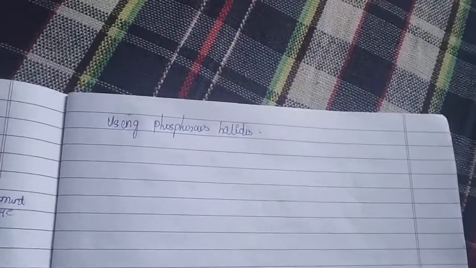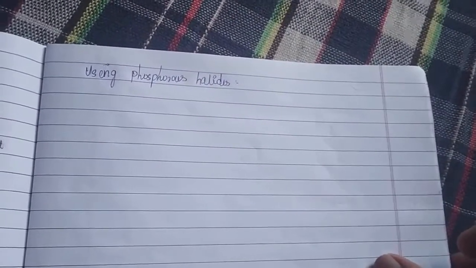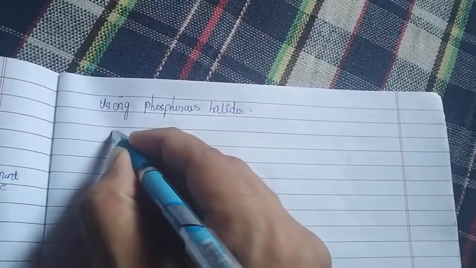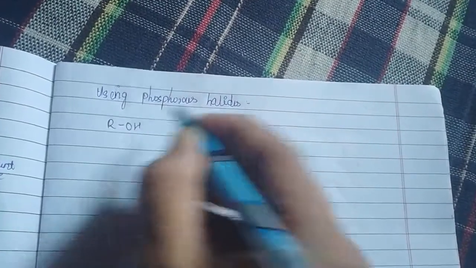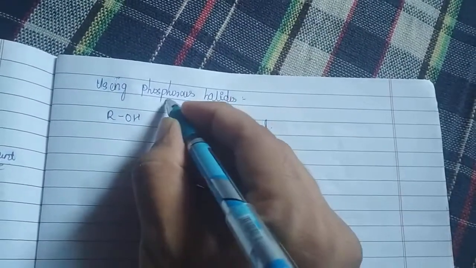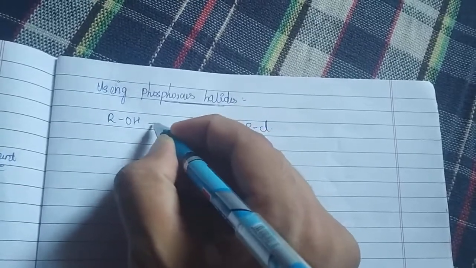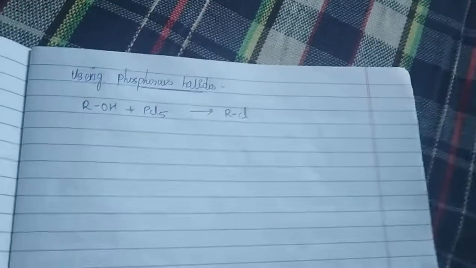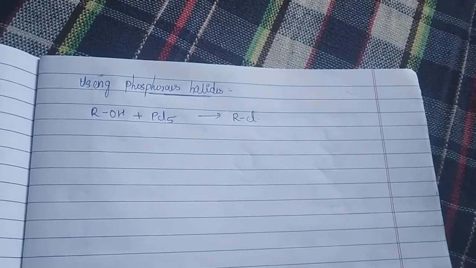But one of the most important things I have to make you sure of in these phosphorus halides is this. Whenever we want to prepare an alkyl chloride from phosphorus halides, we will be majorly using phosphorus pentachloride, one of the most important things.